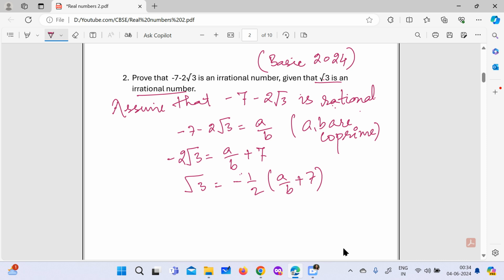Now we have assumed that A over B is a rational number, but here it is already given that root 3 is irrational.